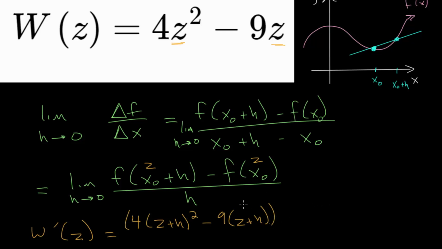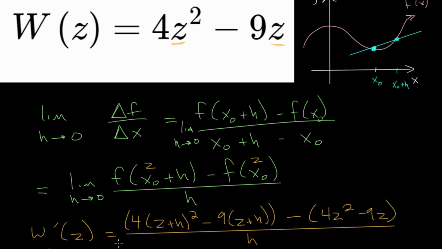That is this first part, and then we'll subtract off the function evaluated at z, which would just be this function, 4z squared minus 9z. And I also recognize I forgot to put the limit part in here. That is important. In the derivative, we do let h approach 0. So let me rewrite this with the limit notation.